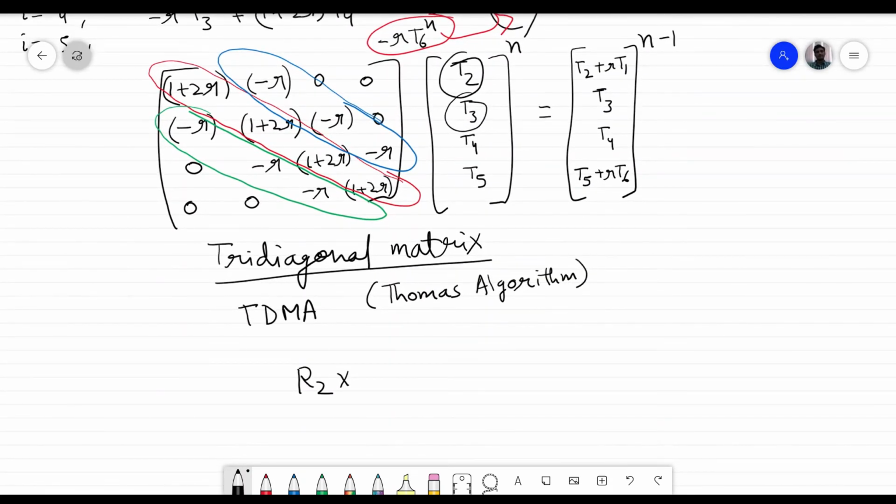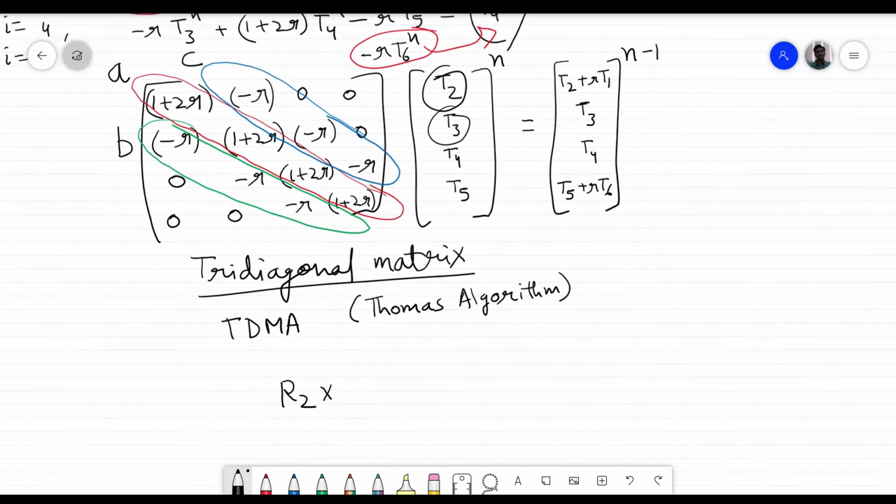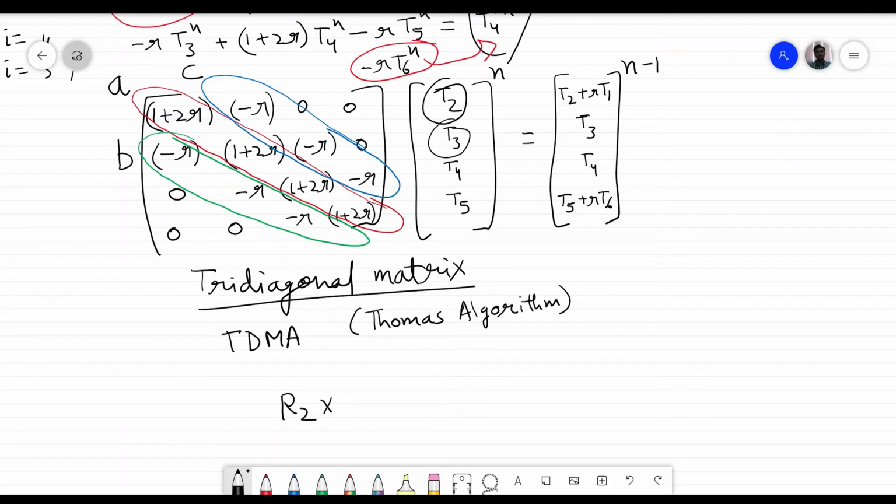This is, let's say, A, this is B for bottom, and let's say that is C, okay, or we can name it something else like U for upper diagonal, but for simplicity let us call them A, B and C. This goes from B2, B3 to B4.